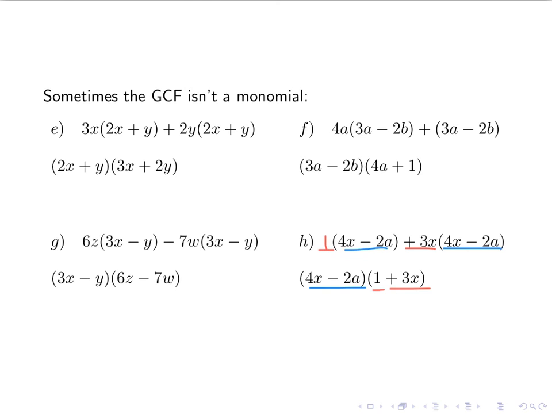So you get 4x minus 2a times 1 plus 3x. So again, what's in the parentheses, assuming it's the same as your GCF, it's being multiplied by everything that's not in the parentheses, and if there's no number in front of the parentheses, remember it's a 1. Just like if I see an x, I know it's 1x.